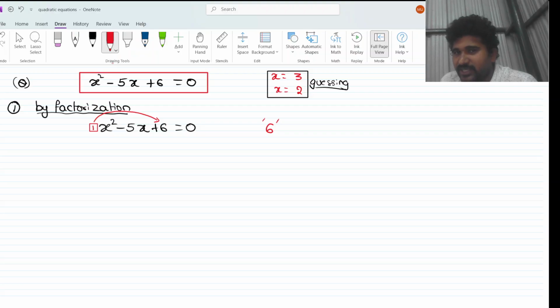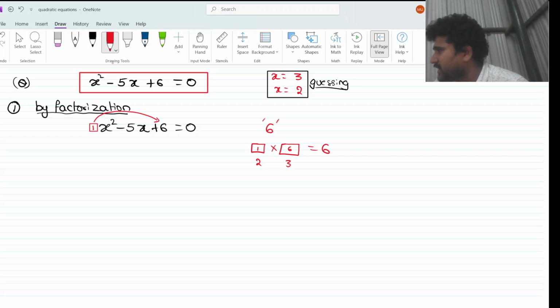So I have to choose 2 numbers whose multiplication is equal to 6. The numbers will be either 1, 6 or 2, 3. Observe carefully, but if I add them, I should get a minus.